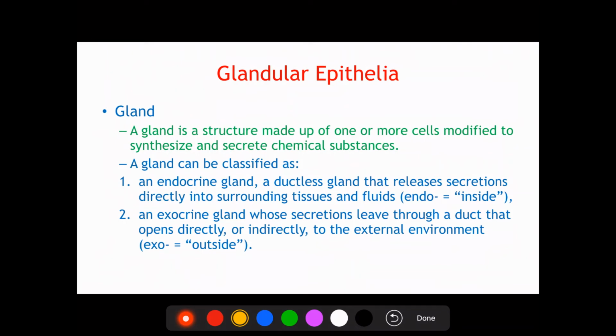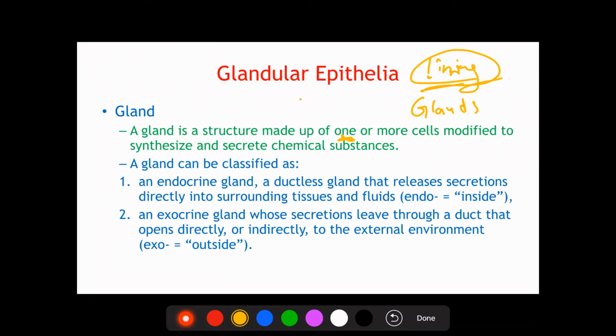So the other part: we said epithelial cells are for lining, right? And the other thing is for glands. So all of what we covered so far was for lining. For glands, epithelial cells can form glands, either multicellular glands or just one cell.